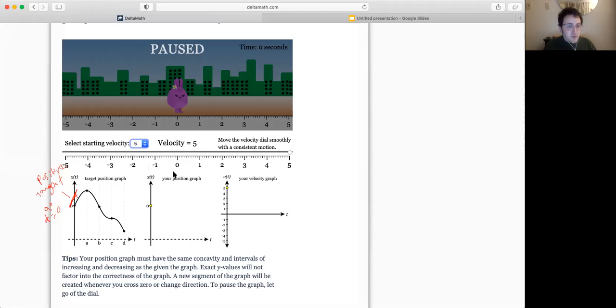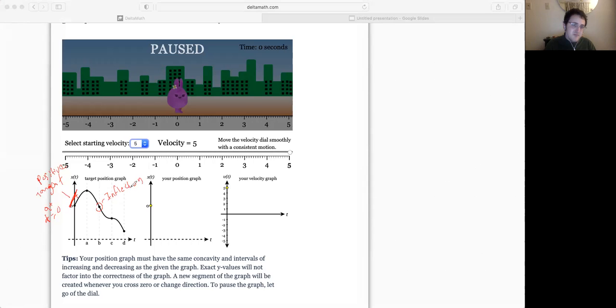And at about point B or so, we have an inflection point at point B. So this is where our velocity is going to bottom out. So the velocity bottoms out there.